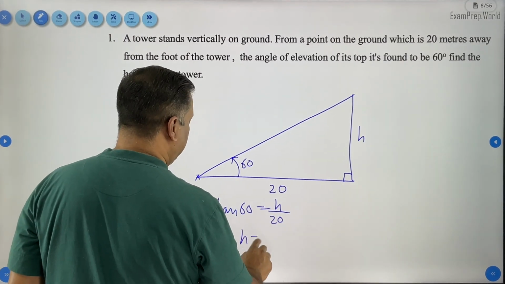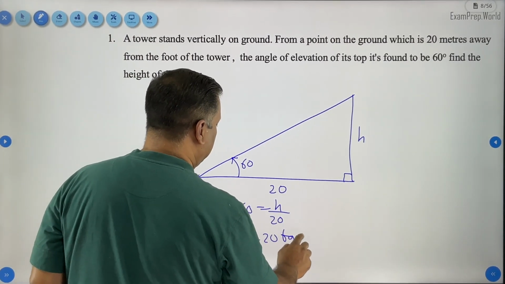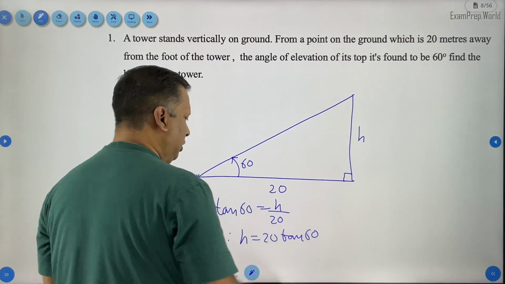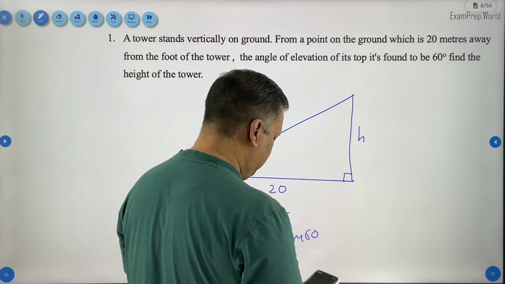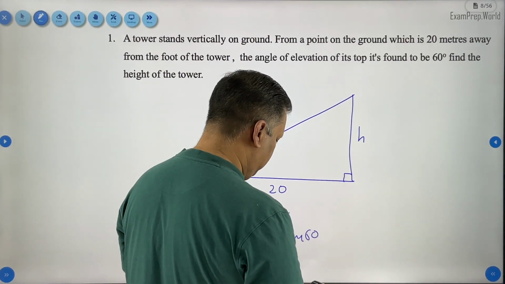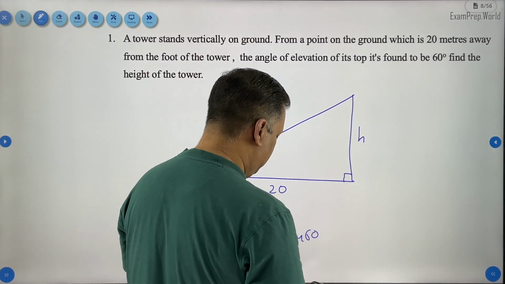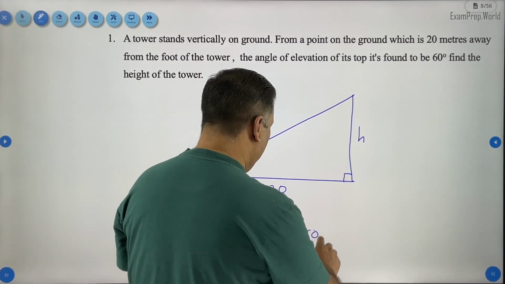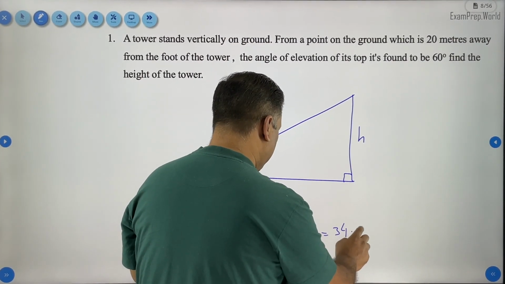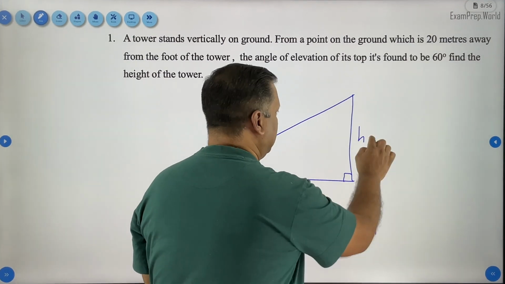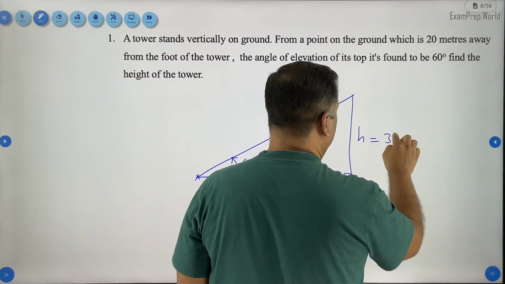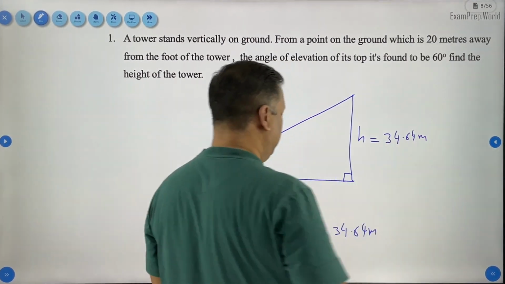Therefore, h is equal to 20 tan 60. How much is that value? 20 root 3, which is 34.64 meters. So the height of this tower is 34.64 meters.